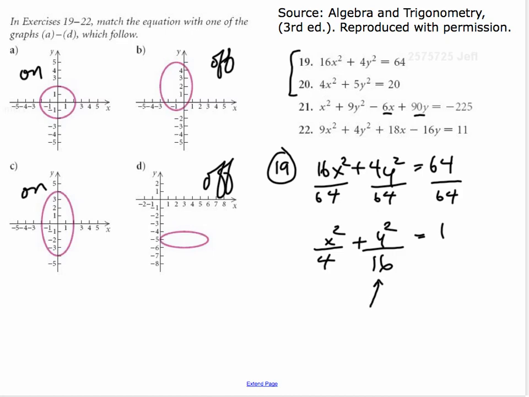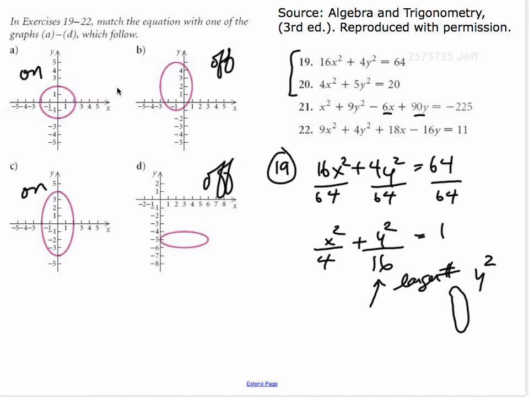Since the larger number is under the y squared, the ellipse looks like that. So it's not a sideways one, it's one on end.